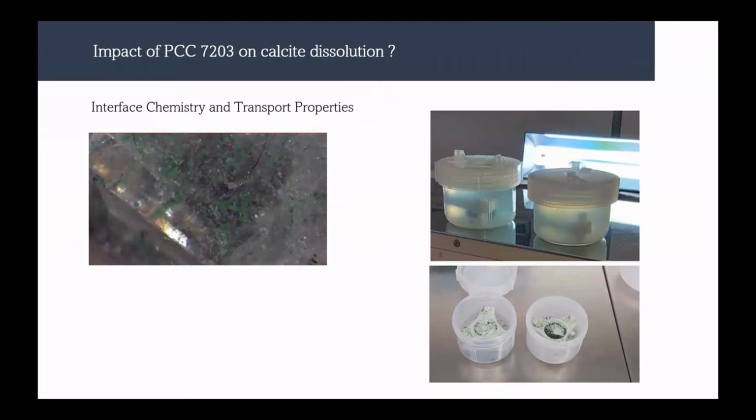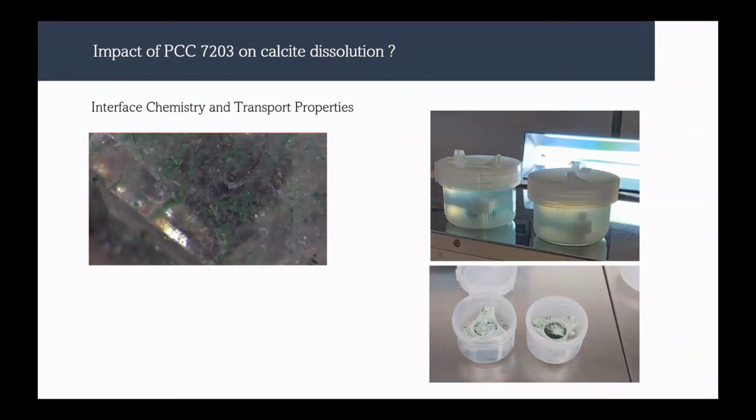So from the first test, we did some batch tests to see if they stick at the calcite surface. And what we noticed is that they tend to create a biofilm at the surface.